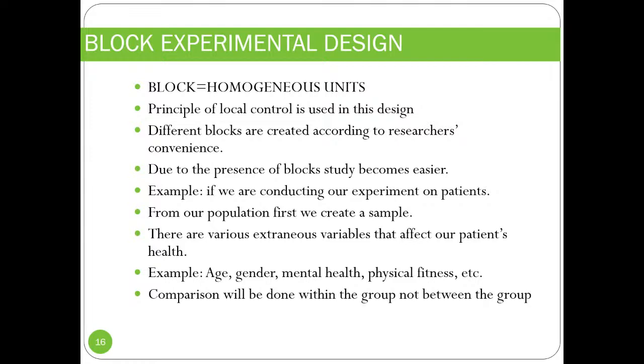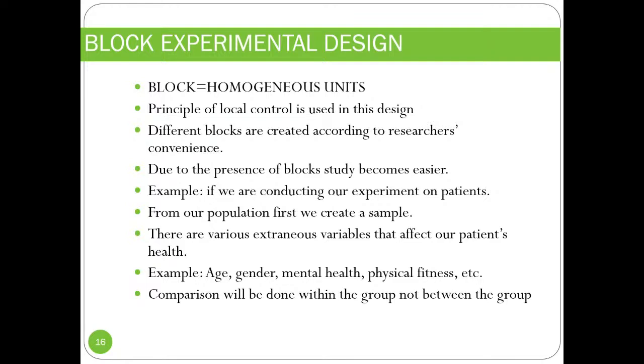Here the comparison will be male treatment 1 with treatment 2 and treatment 3. For females again, the comparison will be within treatment 1, treatment 2, and treatment 3. Whatever permutation combinations we get, we will compare within. Male treatments will be compared within males, and female treatments will be compared within females.